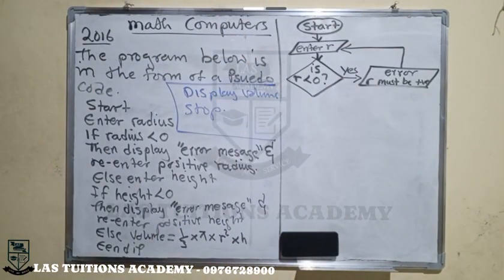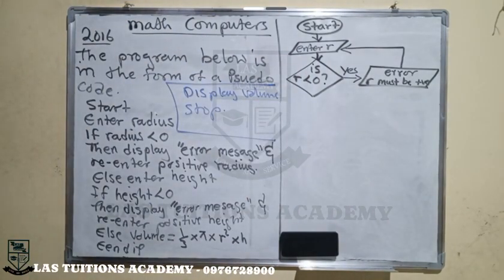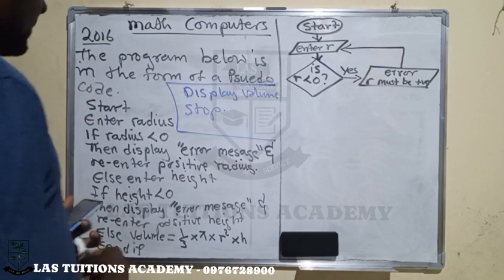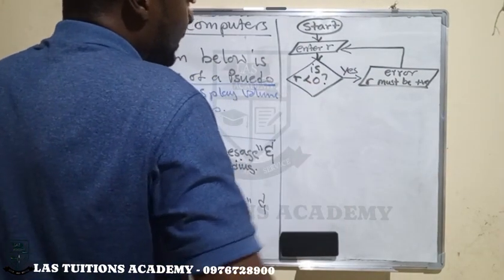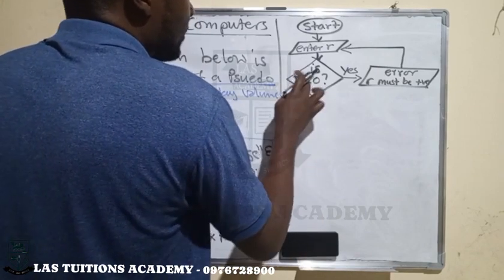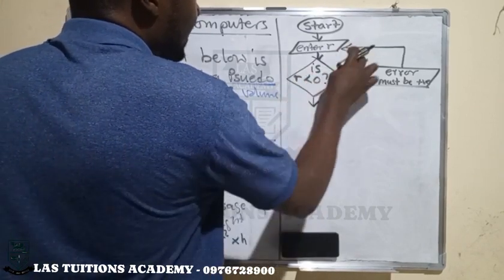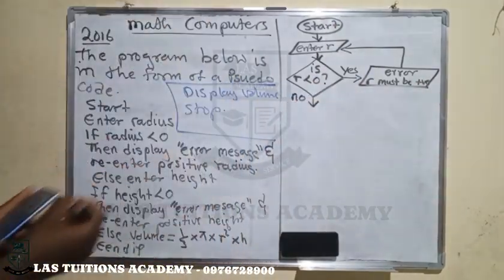So the system should take you back where it asks you to enter positive radius. Then from there, this is when r is less than 0. Now what if it's not less than 0? So is radius less than 0? Yes, we are going that way.